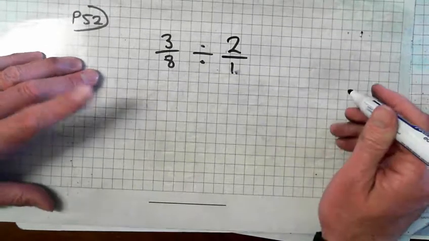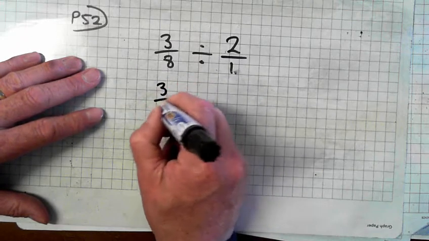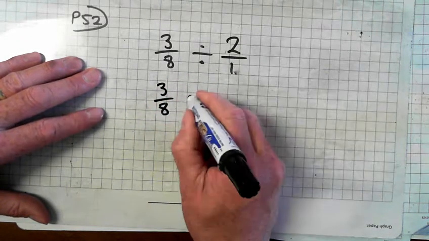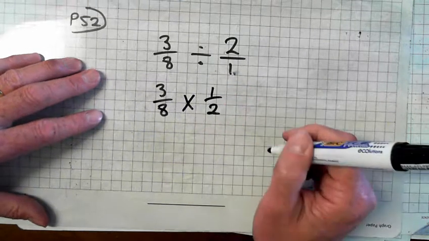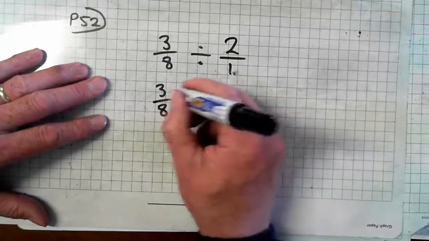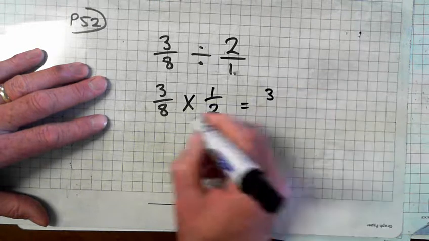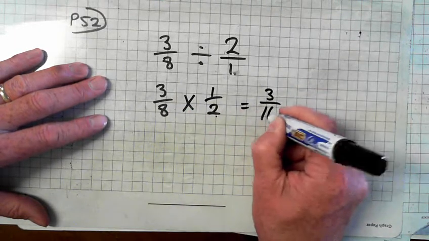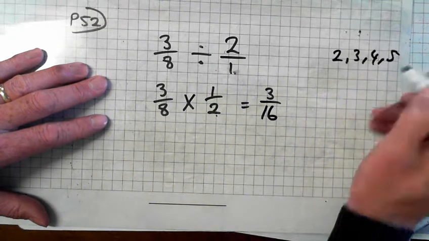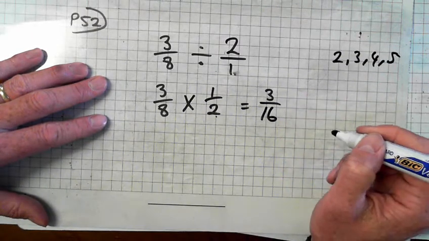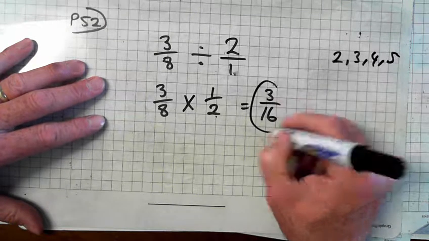Now to divide, what are the rules? Change the division to multiply and turn this one upside down. And now multiply as normal. 3 times 1 is 3. 8 times 2, 16. Can I divide by any of those numbers above and below? No. So that is the answer.